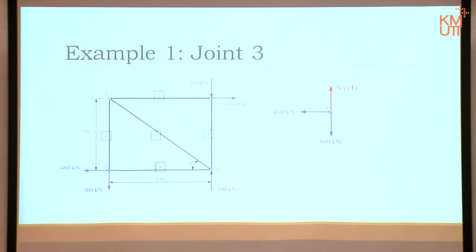If we calculate negative, we get compression, right? N2, we could analyze the same way, or N4, sorry, not N2, that one is N4. That number should correspond to the number of the member. If it's member 4 and you call it N2, it will be really confusing, I think, okay? So please make sure that they correspond.